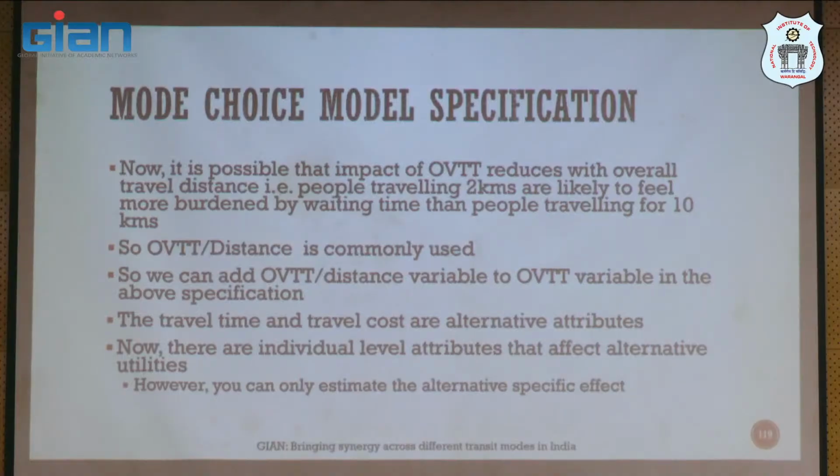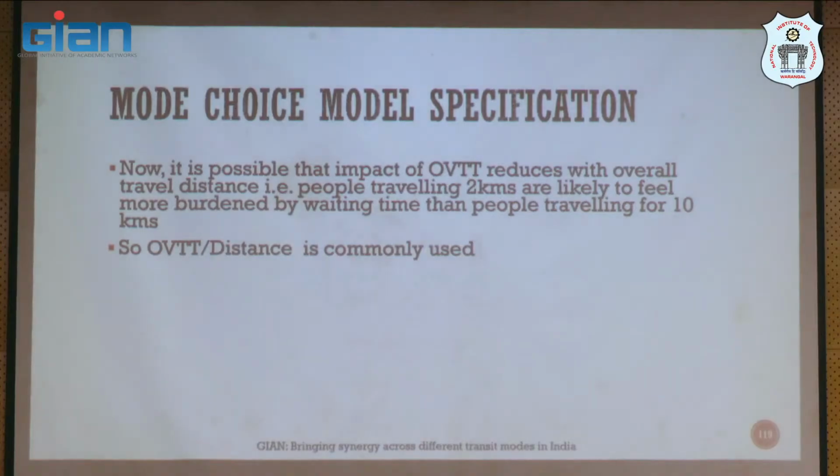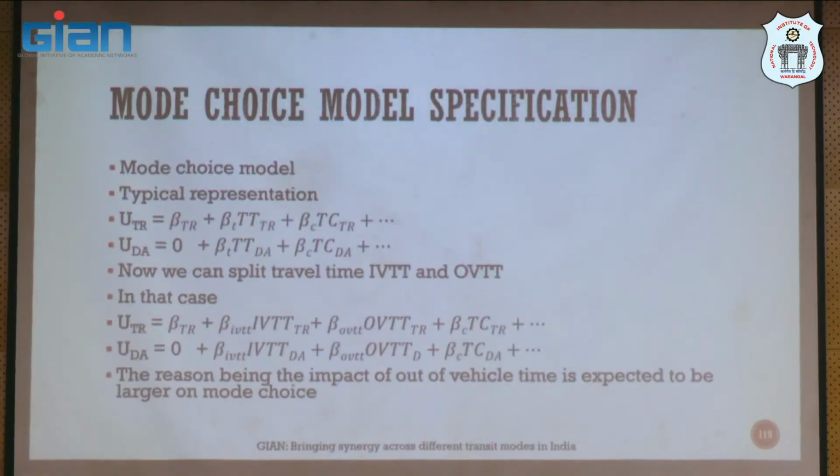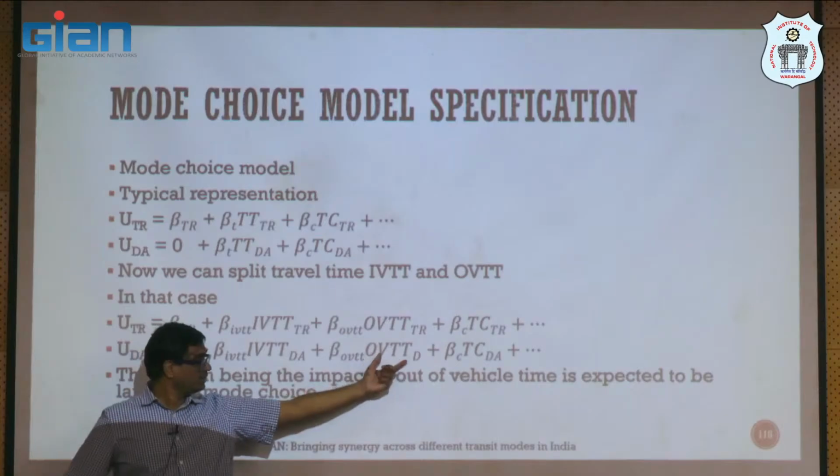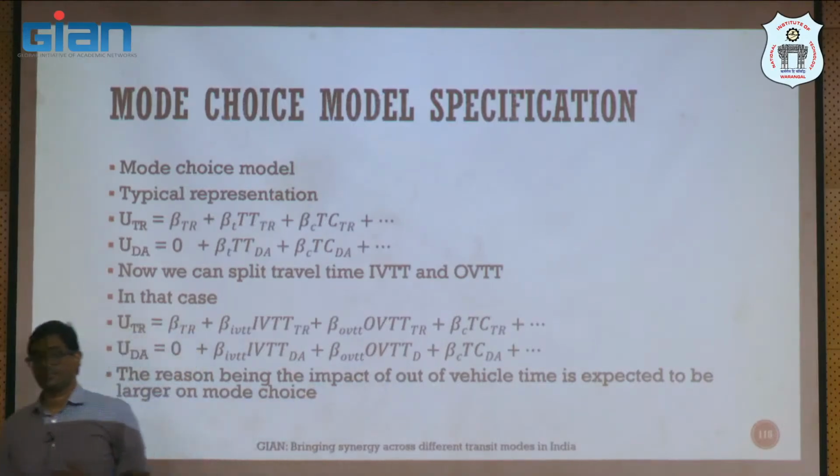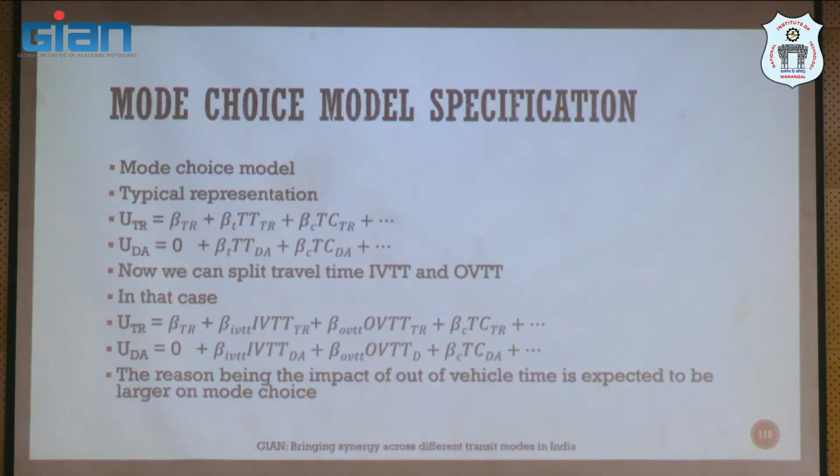So sometimes we can also use in the specification beta times OVTT over distance. That reduces the effect of OVTT when you're going a long distance.